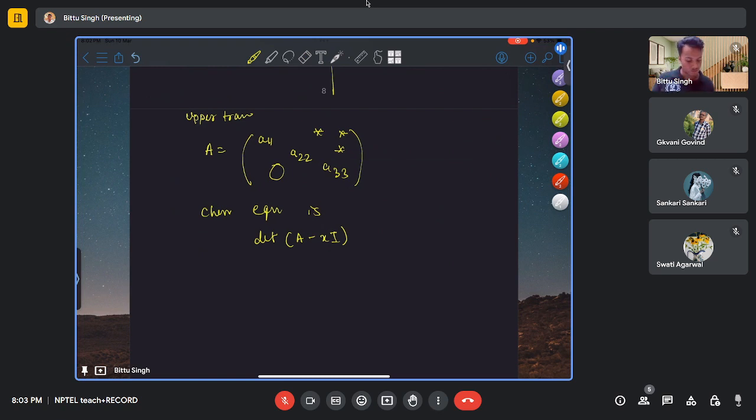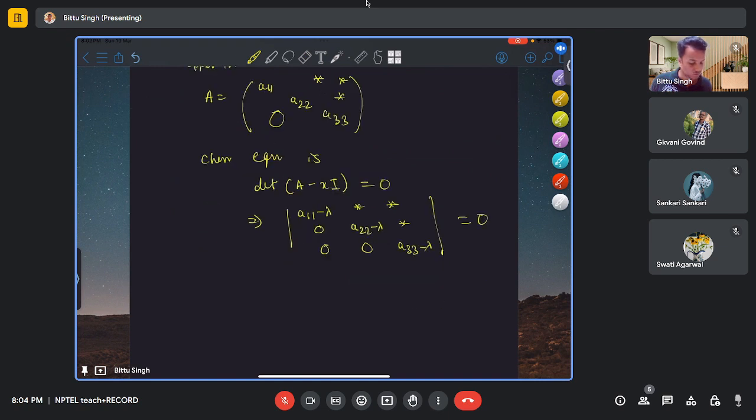This implies the determinant with entries A11 minus lambda, A22 minus lambda, A33 minus lambda is 0.